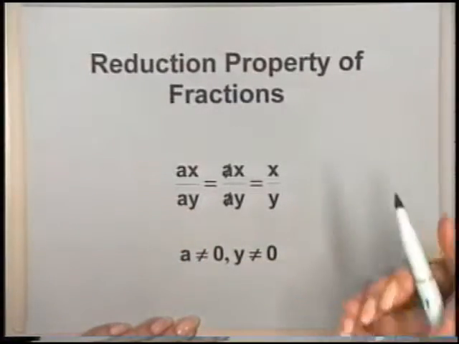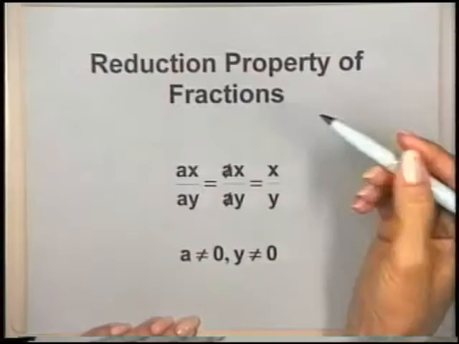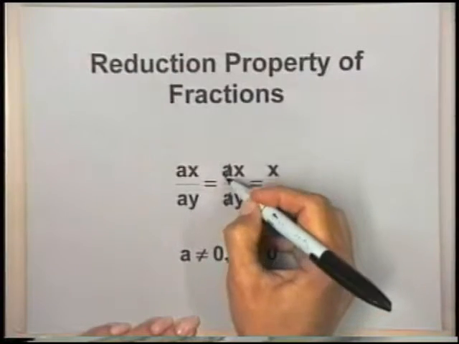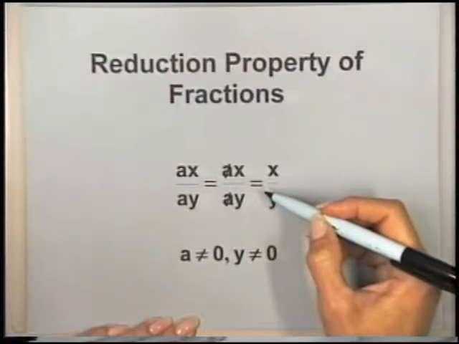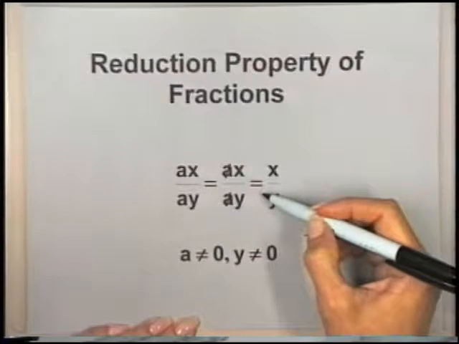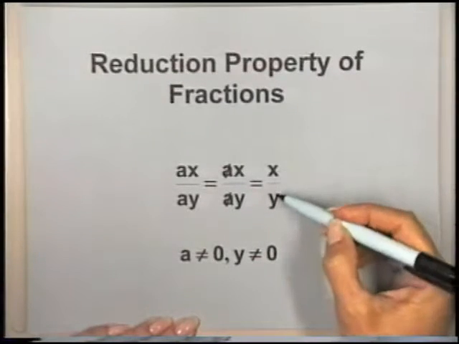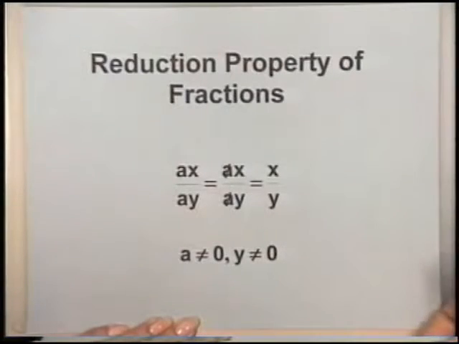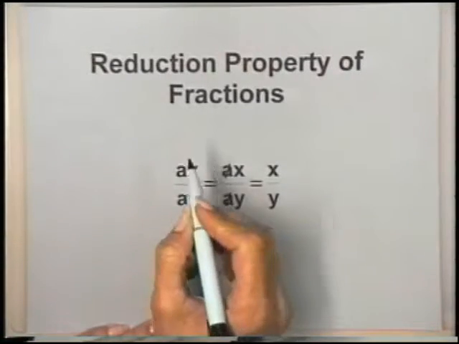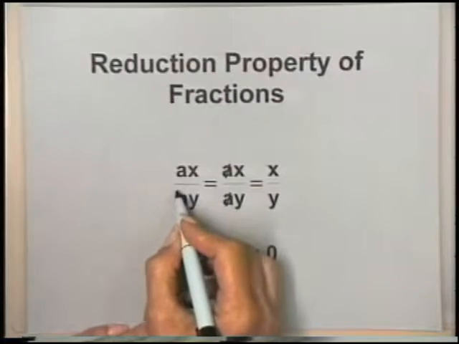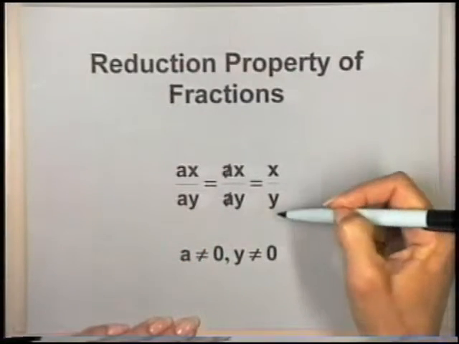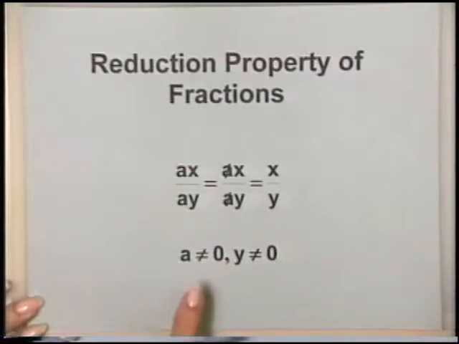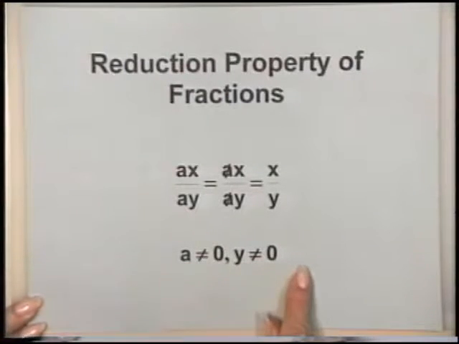The reduction property of fractions says that I can divide out the common factor a, and the resulting fraction is x over y. It's very important that we realize that a times x over a times y is equal to x over y. Of course, a does not equal 0 and y does not equal 0.